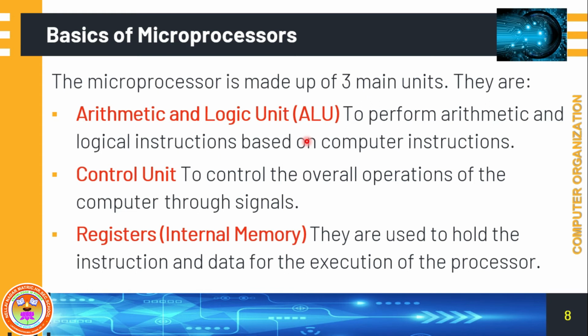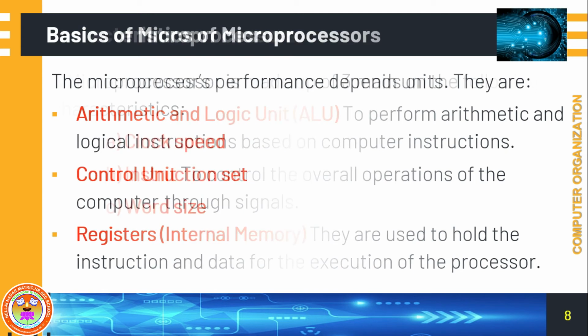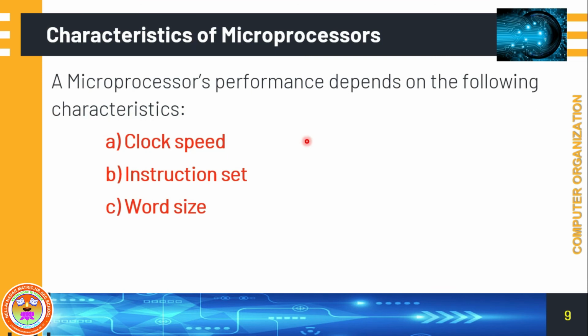If your data or instructions are ready to be executed by the processor, this is the location to store all that information. What will be performed, what instructions and executions we are going to make with the help of the microprocessor, everything is stored in the registers. Through these registers, the processor executes all the instructions and data from the user. So these are the main important components or units involved in the microprocessor.